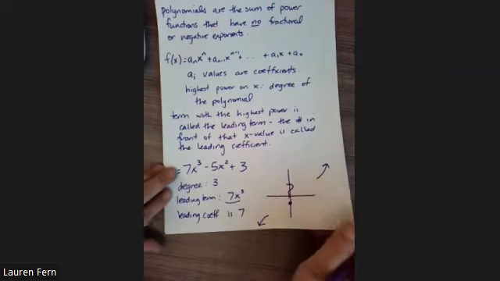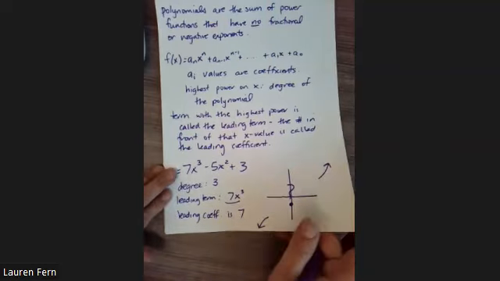All right. So what I want to do right now is just summarize and say that the long run behavior of a polynomial is completely determined by the leading term.